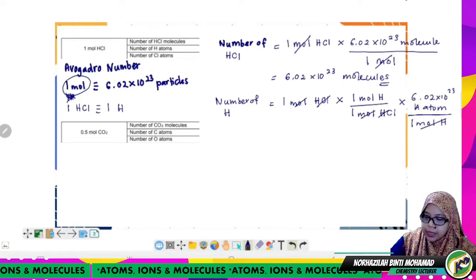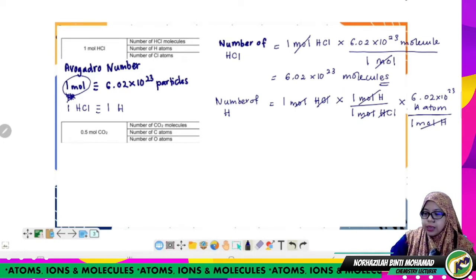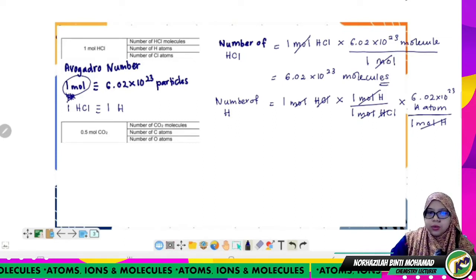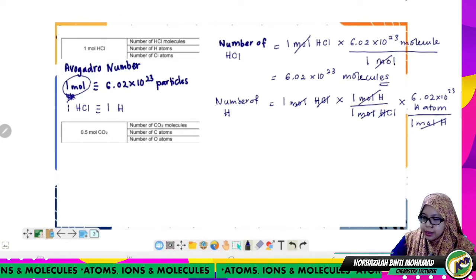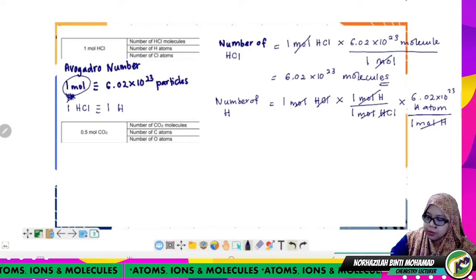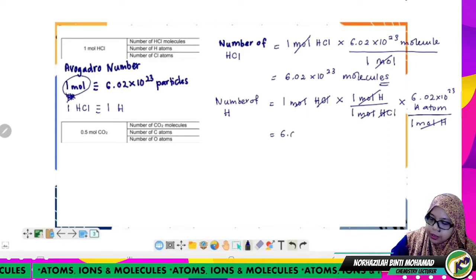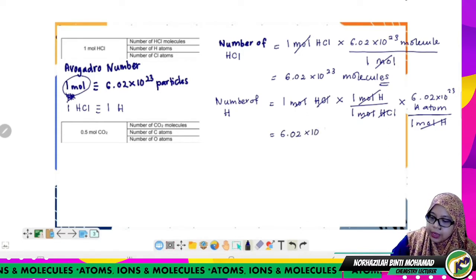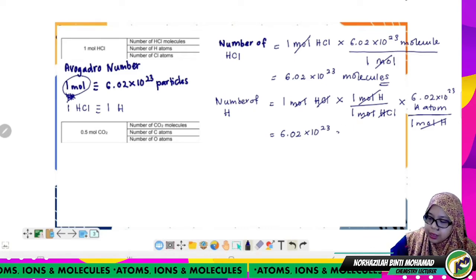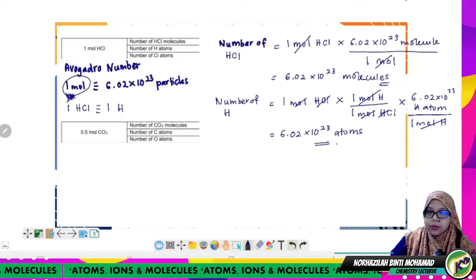So we can cancel the unit mole of hydrogen, and we are left with 6.02 10 to the power of 23 atoms. We do it one by one.